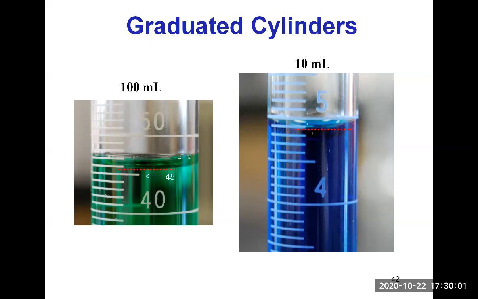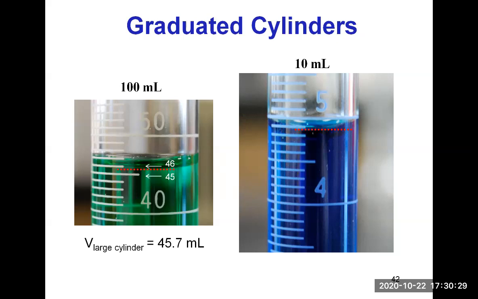So that's 45 milliliters, and the line above that will be 46. So the volume is between 45 and 46, and we know for sure it's 45 at least. Then we need to estimate where the bottom of the meniscus falls between 45 and 46. Here I would say 45.6 or 7.